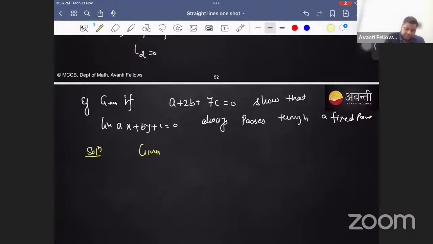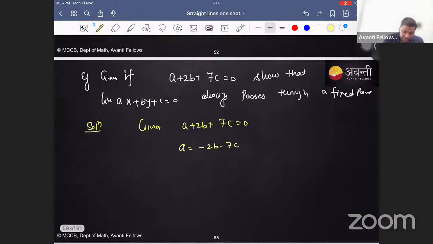Given is A plus 2B plus 7C equal to 0. Do one thing. Put one of A, B or C in terms of the other two in the given line. So let A be minus 2B minus 7C. So you put it here. Minus 2B minus 7C into X plus BY plus C equal to 0. Alright.